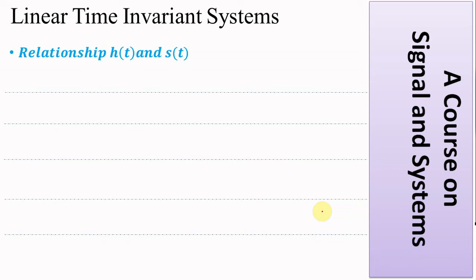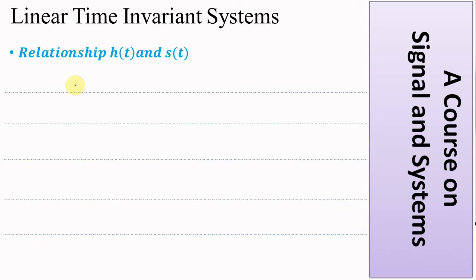So we know that the unit impulse signal is the first order derivative of the unit step signal, and the unit step signal is the integral of the unit impulse signal. This brings the relationship between impulse response and step response of the system.